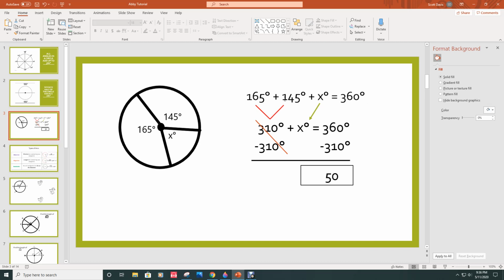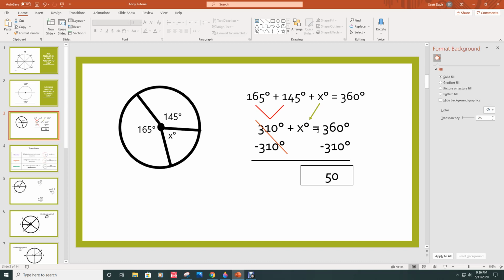And you can see I carried these down and added them together. 165 plus 145 was 310. And then don't forget to carry down that X. So you have 310 degrees plus X equals 360. And then we're going to solve from there just as we usually would.